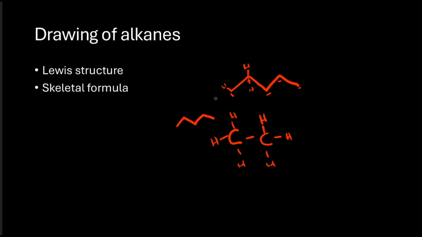But what if our alkane is bonded to other groups apart from hydrogen? So we would have to indicate the groups on the skeletal formula. So in this case, if this alkane is to be bonded to bromine, then we have to indicate it is bonded to bromine.